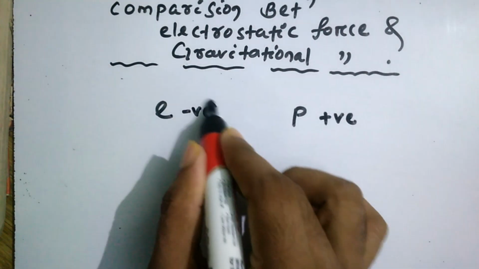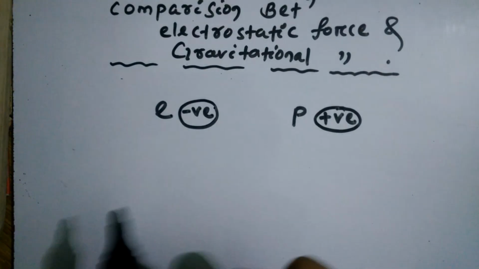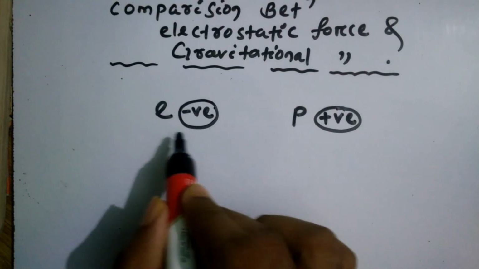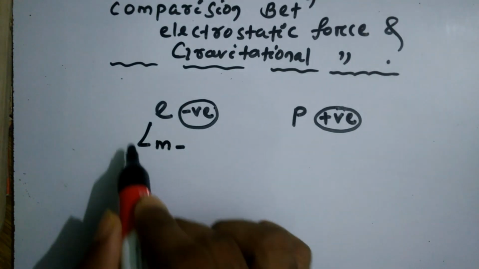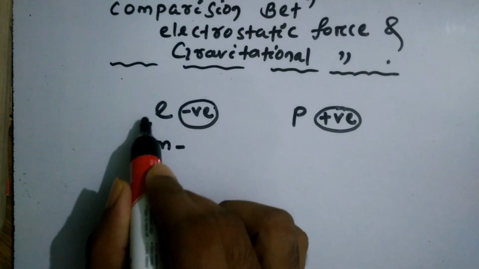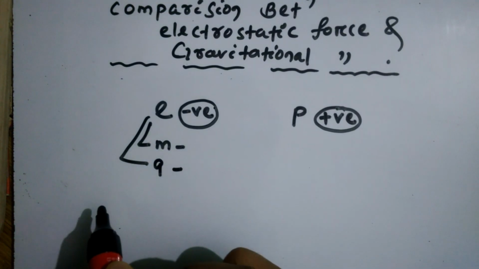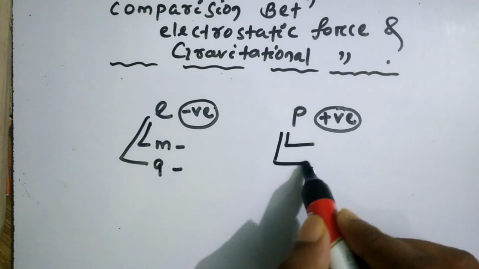So the electron has some mass and some charge, that is Q. The proton also has some mass and some charge.